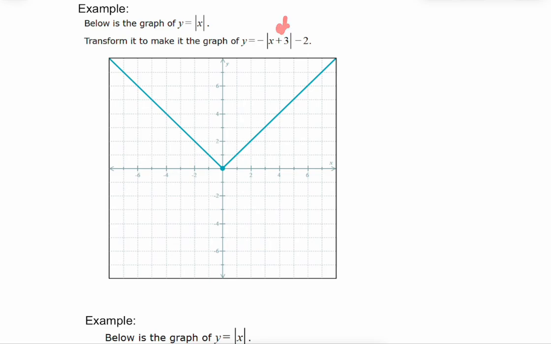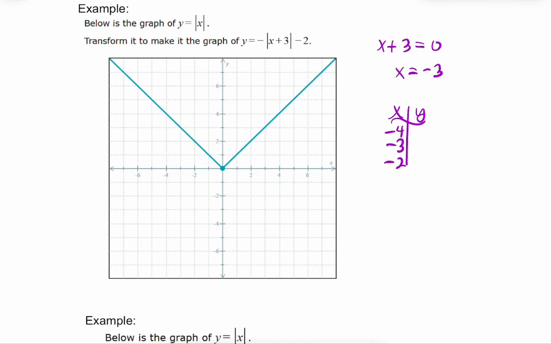This thing is going to move to the left 3, and this thing is going to move it down 2. But you don't have to necessarily know that, as long as you remember, set the inside equal to 0, solve for that value, make a chart, plug in -3, 1 below it, 1 above it, you got your V.